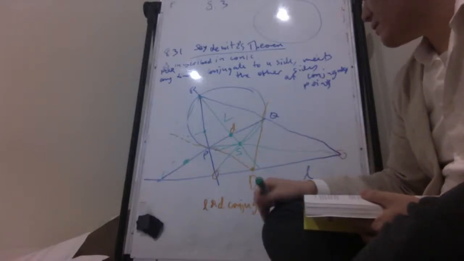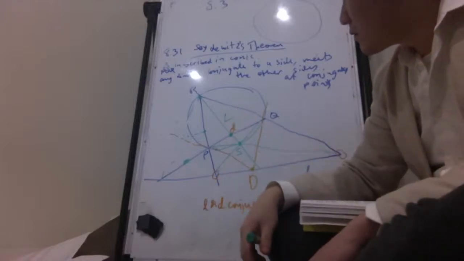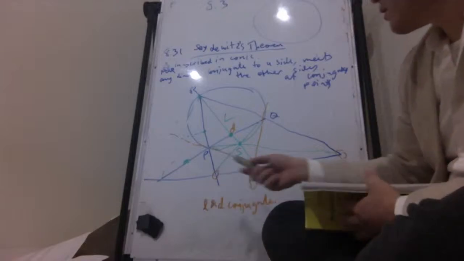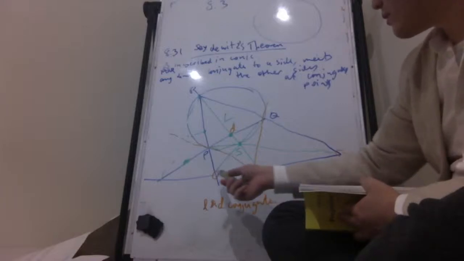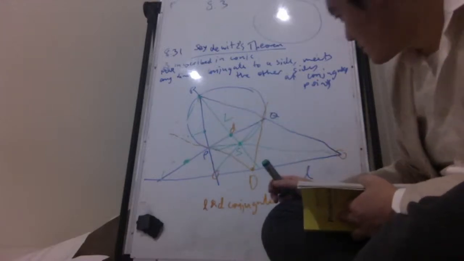Basically, the point is the opposite side of L is the polar of L in the self-polar triangle. And so the vertices of the self-polar triangle have to be conjugate. So the vertices are exactly where the sides of this triangle meet here.